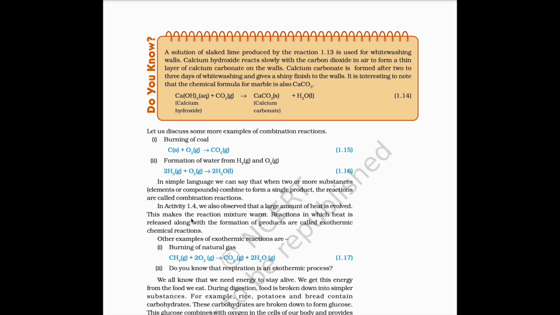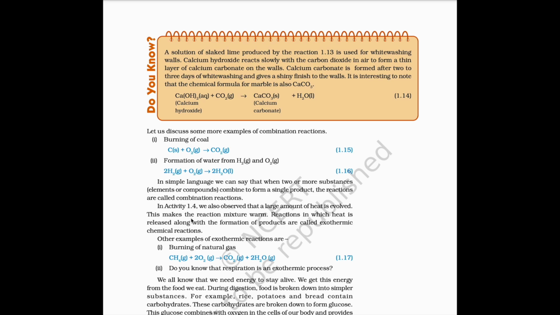A solution of slaked lime produced by the reaction 1.13 is used for whitewashing walls. Calcium hydroxide reacts slowly with the carbon dioxide in air to form a thin layer of calcium carbonate on the walls.